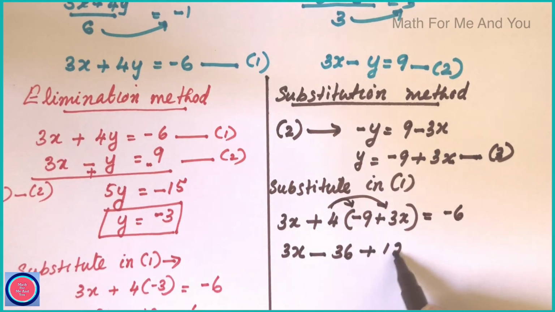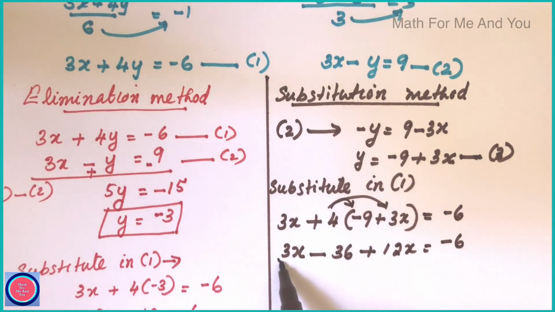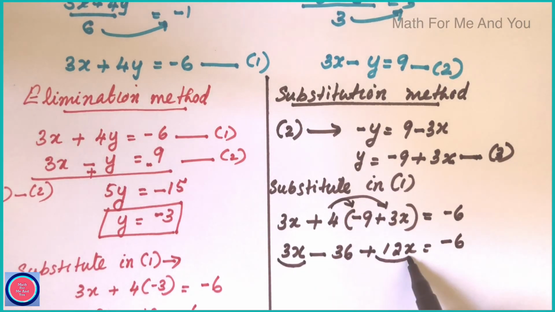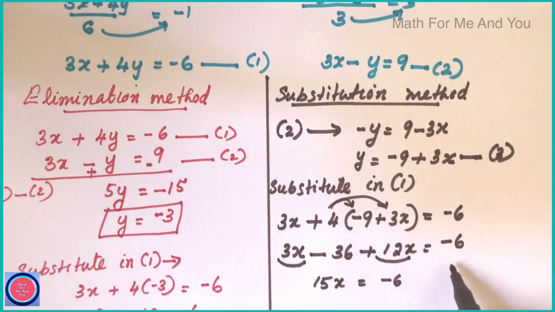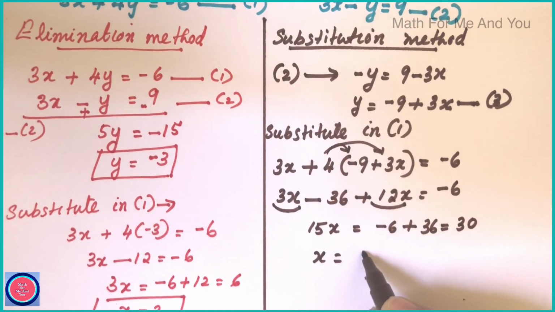See, the equation on the left side has one variable only. And the right side is minus 6. We can collect the variables and find the value. 3x plus 12x, that is 15x, is equal to, numbers on the other side, minus 6 plus 36. That is 30. 15x equals 30. What about x? x equals 30 over 15, that is equal to 2.